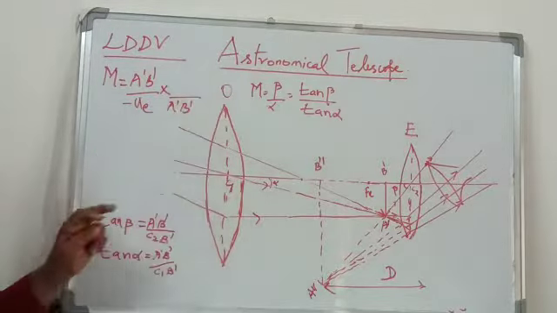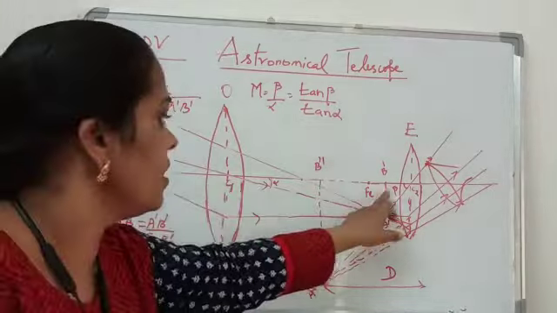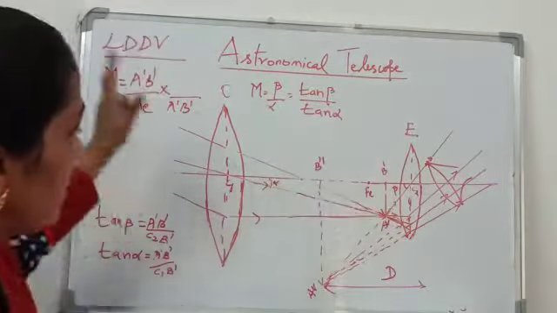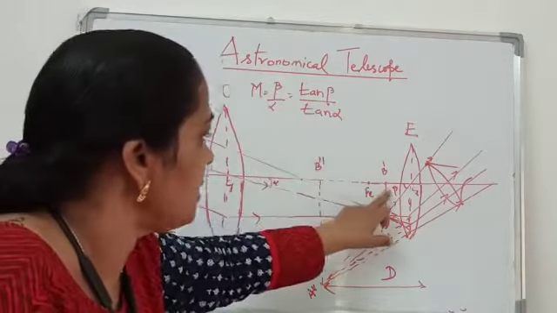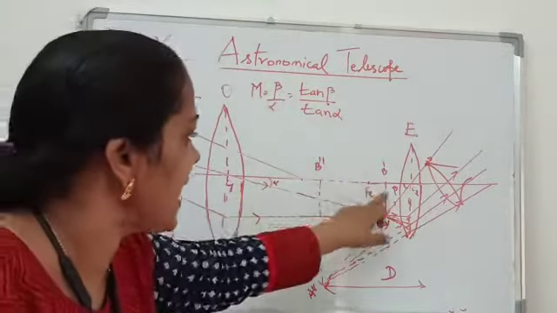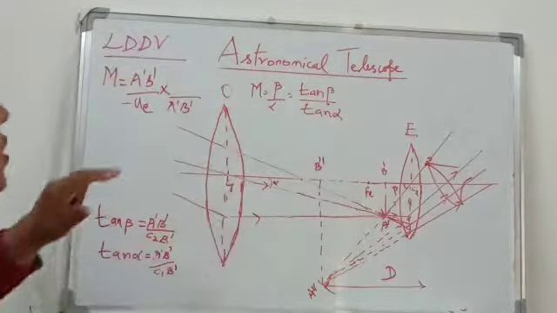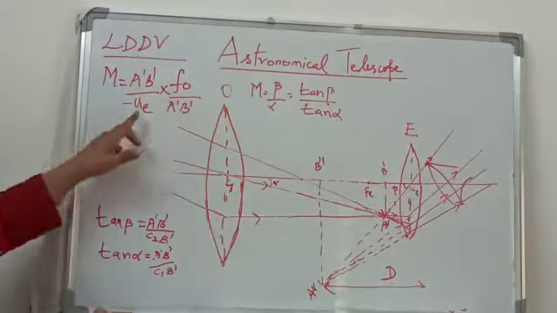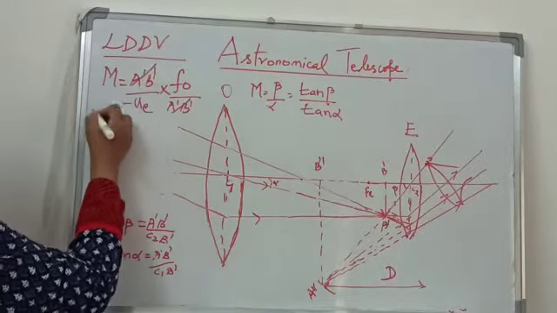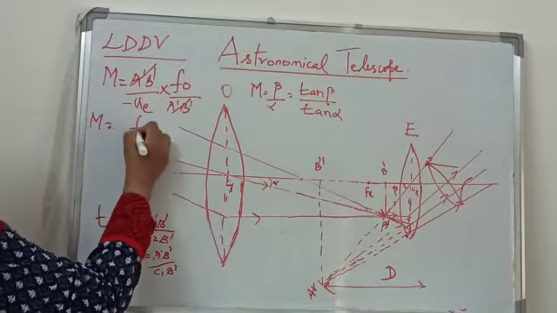What is C1 B'? What is this distance? Where is the object? It is at infinity. Where is the image formed? At the focus. So C1 B' must be the focal length of this objective lens. So I write it as FO. So FO by minus UE will give you the magnifying power.